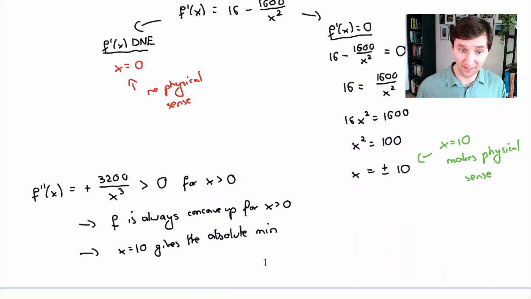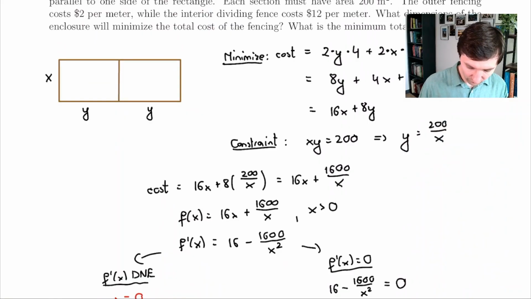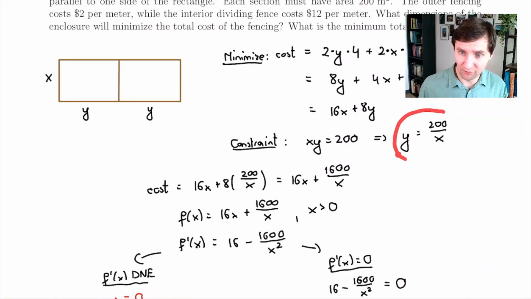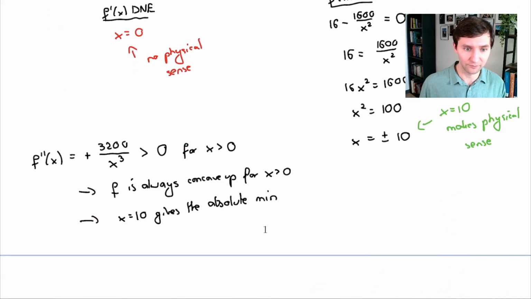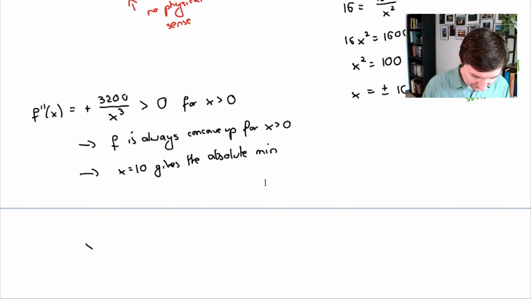When x is 10, what is y? We were given an equation for y. We knew that y equals 200 divided by x. When I divide by 10, I will get 20, which means that y is 20. We know that x that minimizes the cost is 10, y that minimizes the cost is 20.